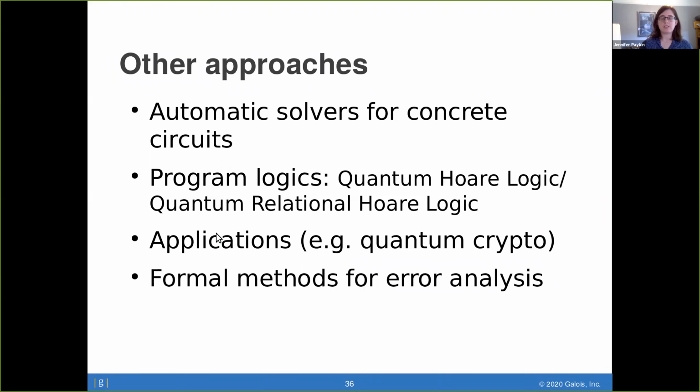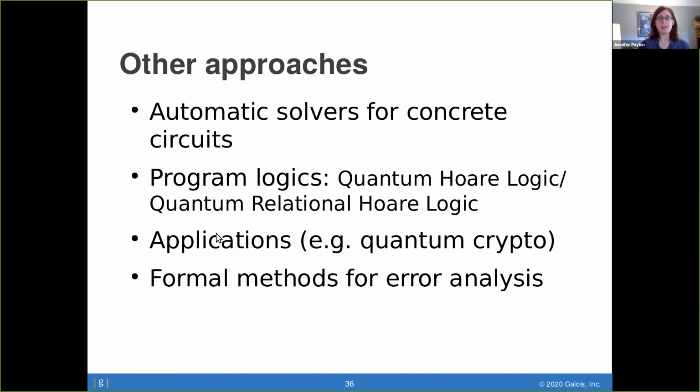So there's a lot of work in the space of verified quantum computing. It's really interesting work. As I said, there are more automatic solvers which work for concrete circuits. There are other techniques that are based on very interesting and unique representations of quantum programs, such as the ZX calculus. There's also different kinds of proof techniques, such as those based on program logics, like quantum Hoare logic or quantum relational Hoare logic.